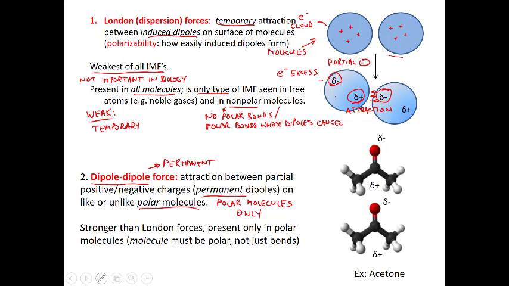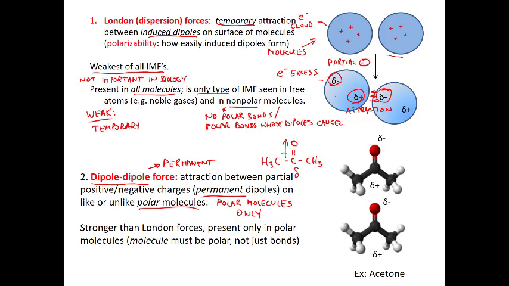So for example, acetone is a classic example of a polar molecule. Acetone is this. So we've got this central carbonyl group where the oxygen, because it's much more electronegative than carbon, is going to tend to pull the electrons towards it, and the carbon is kind of left with a deficit of electrons.